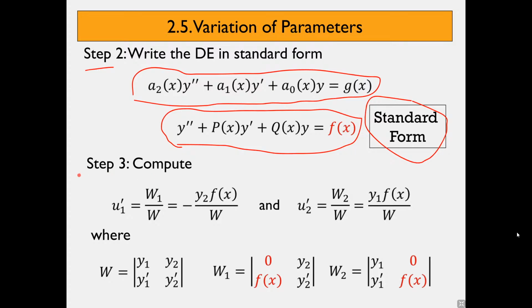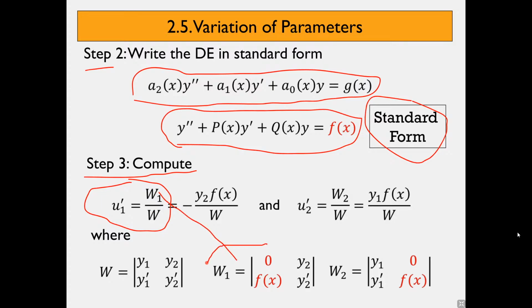And then step 3, you compute u1 dash, u subscript 1 dash. This one is already defined as w1 divided by w. So w1 is defined like this.